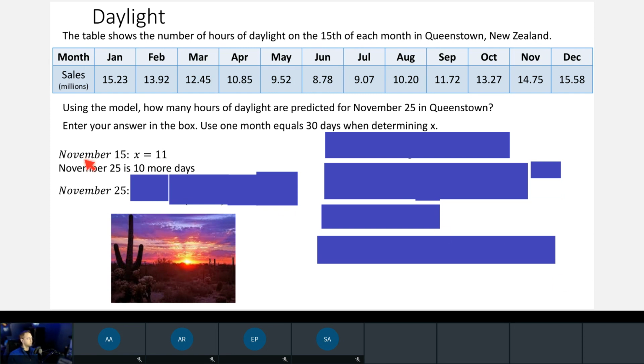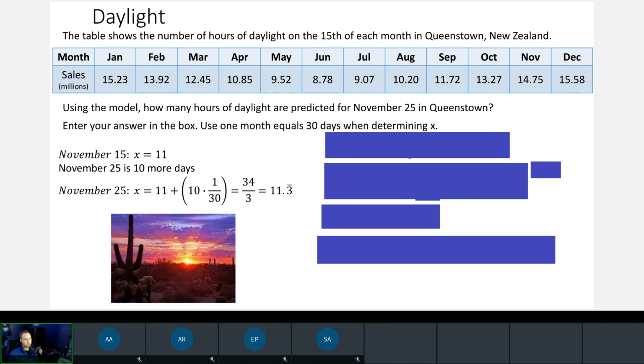Mathematically, we're taking the 11 and adding 10 times 1/30, because 1/30th is 1 day. So 10 times 1 day gives us that 1/3. And 1/3 plus 11 is 34/3. Decimal form is 11.3 repeating.